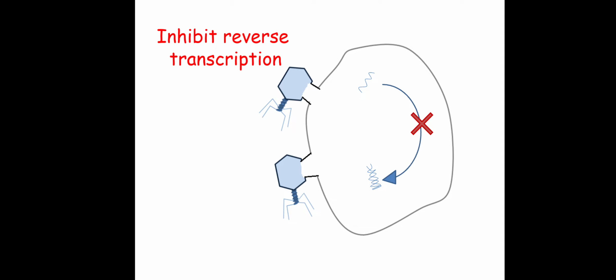Next, the third step for this viral multiplication was, once uncoating occurs, if the virus is an RNA virus, it is converted into DNA, isn't it? So we can inhibit this step also. We can inhibit reverse transcription. This is another step.